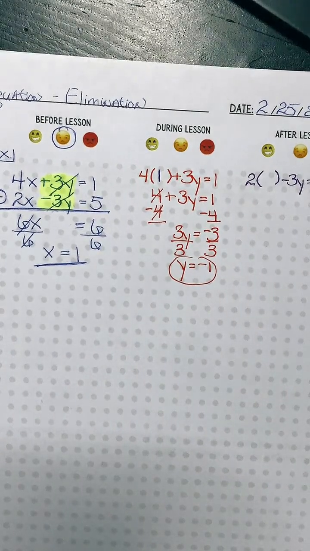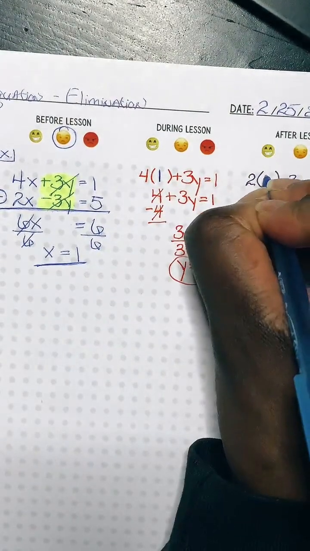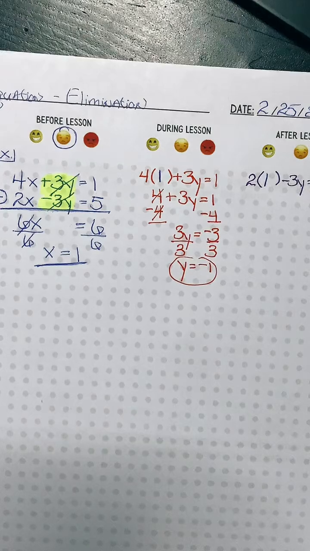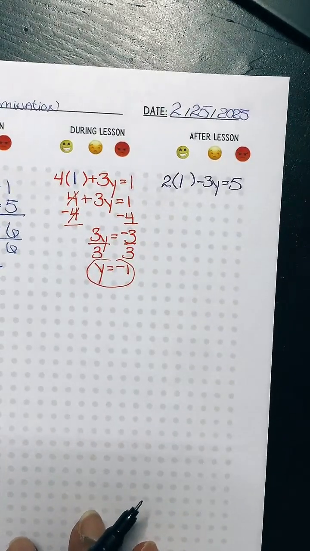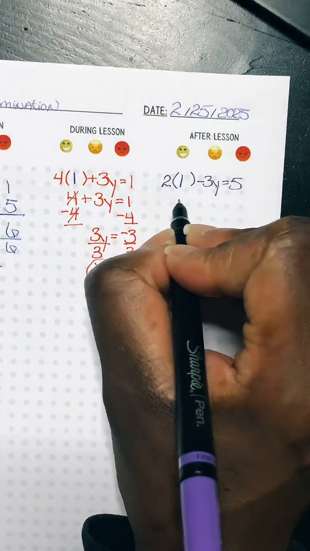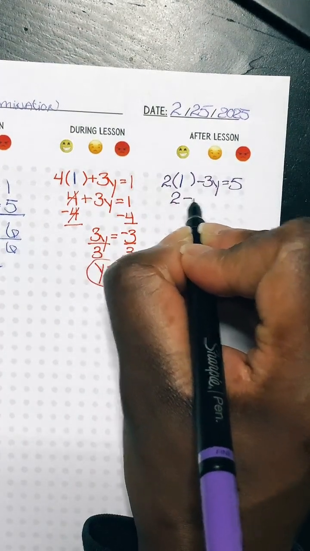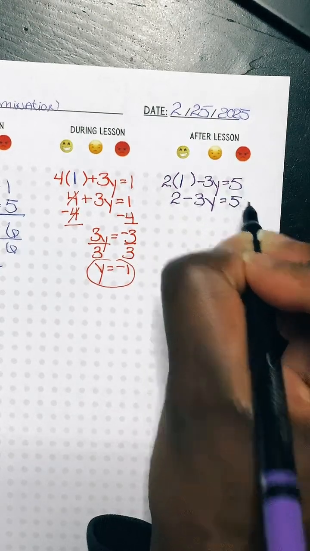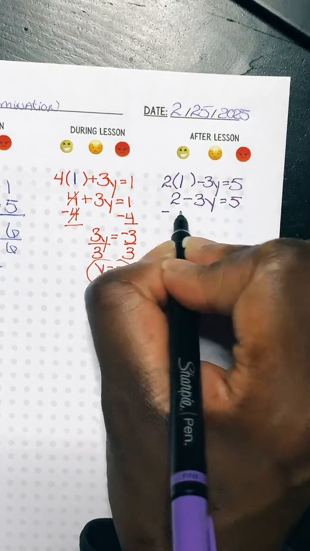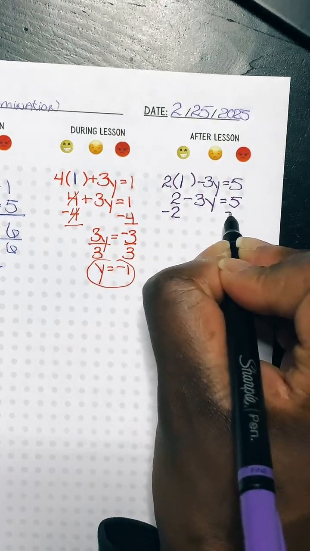Okay, so this is just for demonstration's sake only. You do not have to plug it in to both equations, just the one. So 2 times 1 gives me 2, minus 3y is equal to 5. Now I would have to subtract the 2.